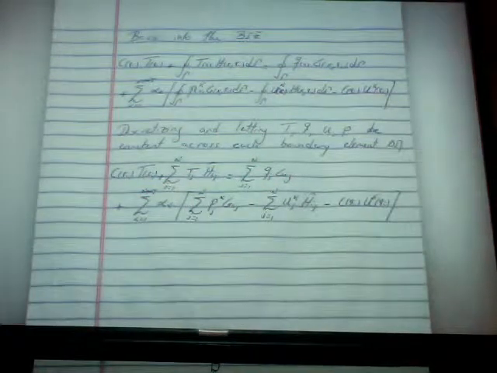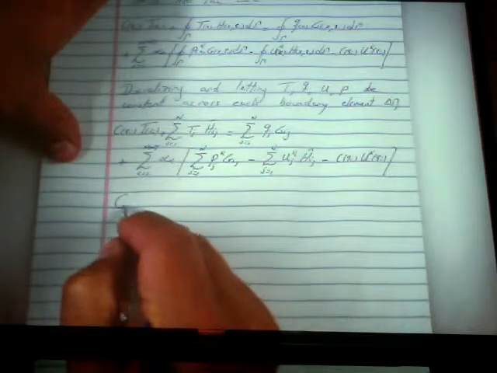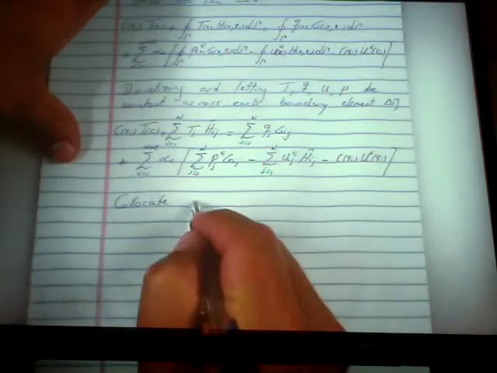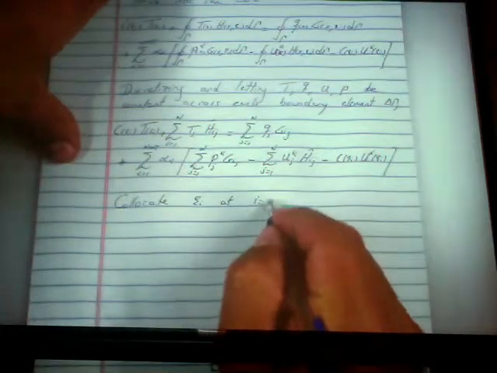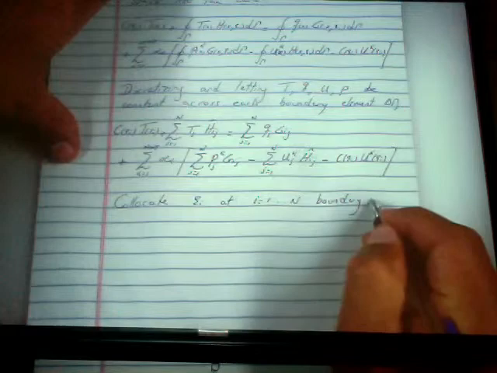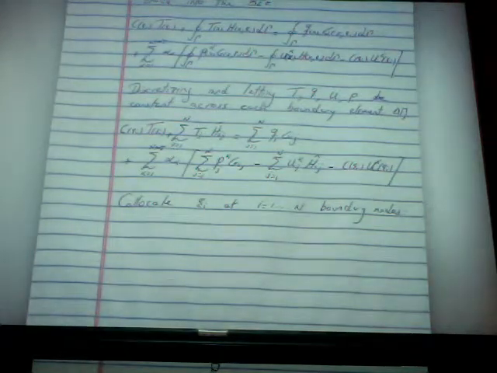Okay, so again, we're going to collocate I at I equal 1 through n boundary nodes. What do we have?